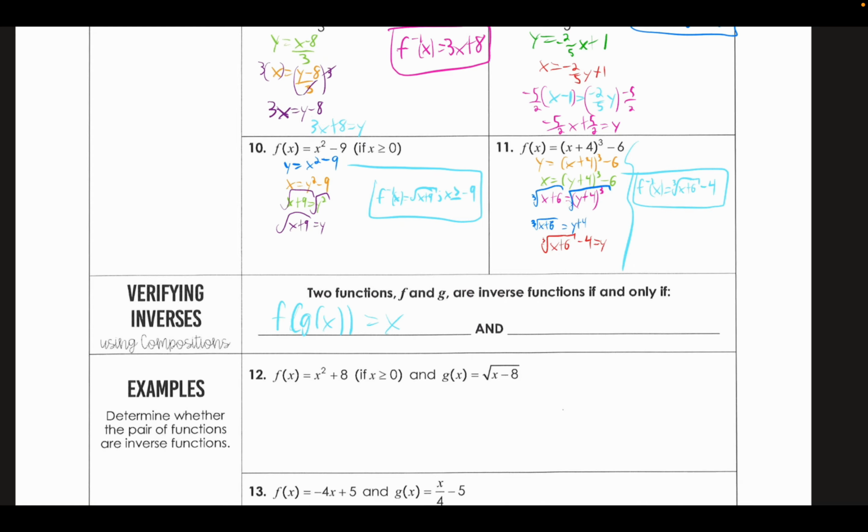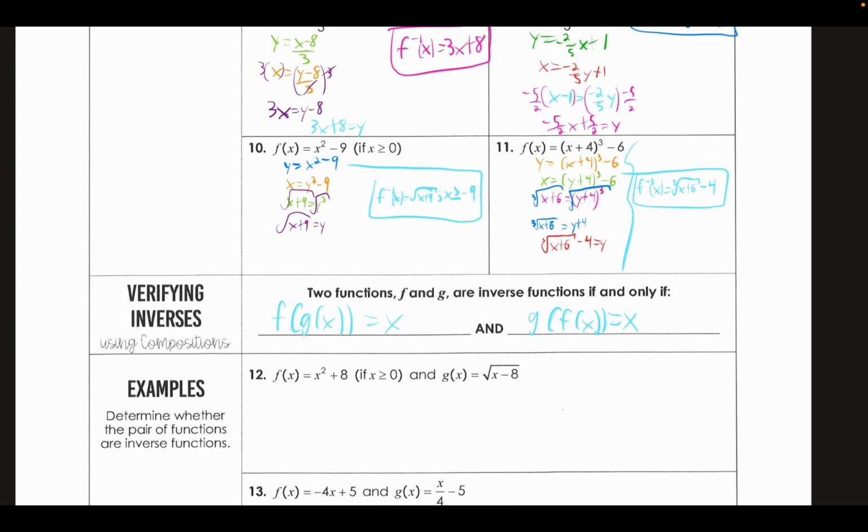And it would work the other way around too. If you plug the first function into the second function, it would also simplify down to x. They end up undoing each other, because anything and its inverse undo each other. Addition and subtraction are inverses, they undo each other. Multiplication and division are inverses. Squaring and square rooting are inverses.